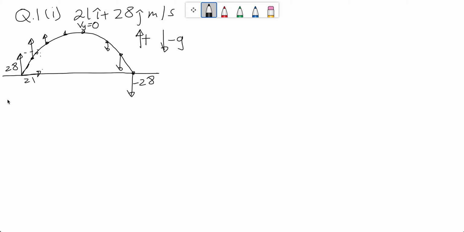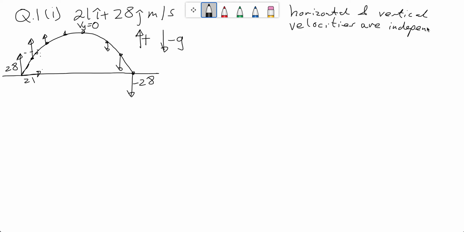So we have to realize that the horizontal and vertical velocities are independent. Totally independent of each other, and that's the key idea.